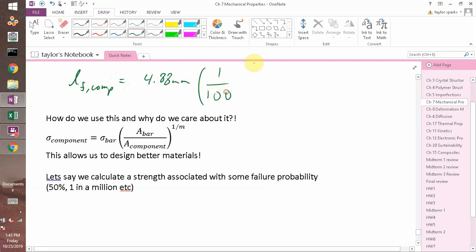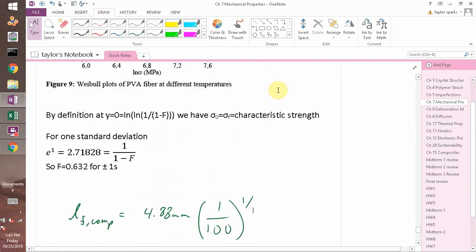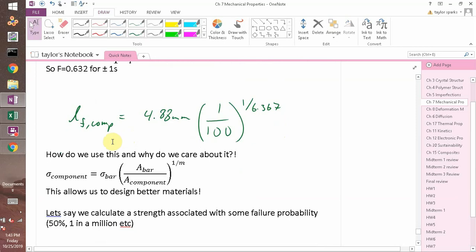So your component is 100 times bigger in the region that's seeing the force, right? The total dimensions don't matter. It's the region that's experiencing the force. Raise that to the 1 over M. What was M for that one? 6.367. You could plug that in. Somebody plug that in for me and tell me what's the length of elongation for our component.